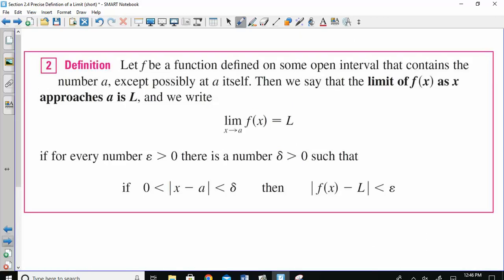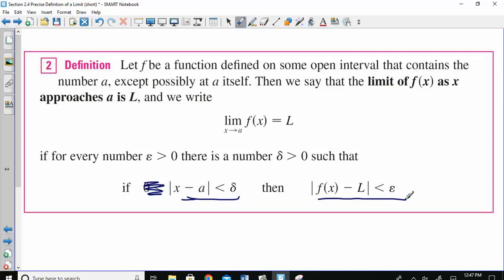Okay, so here is the formal definition of a limit. Limit as x approaches a of f of x equals L if for every epsilon greater than 0, there is a delta greater than 0, such that, and I told you we don't really need this, if the absolute value of x minus a is less than delta, then the absolute value of f of x minus L is less than epsilon.